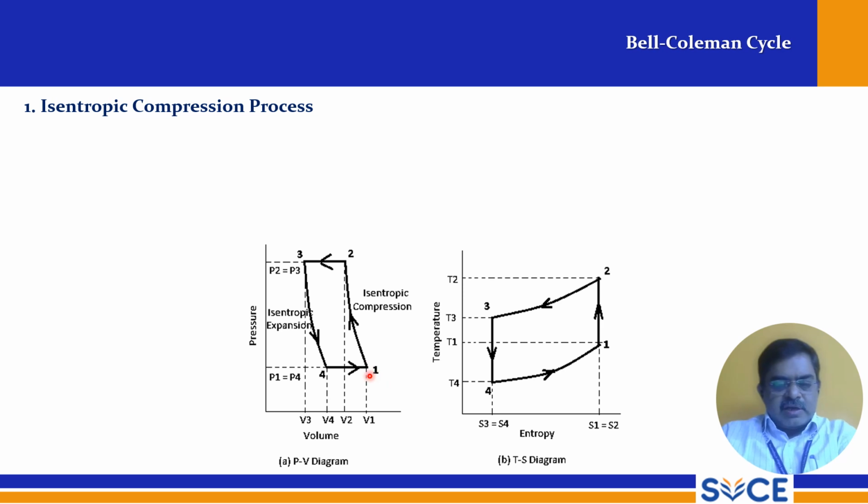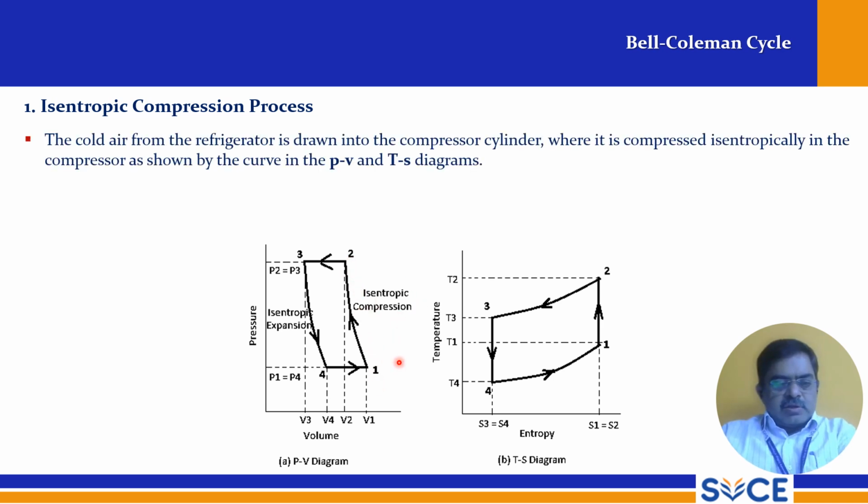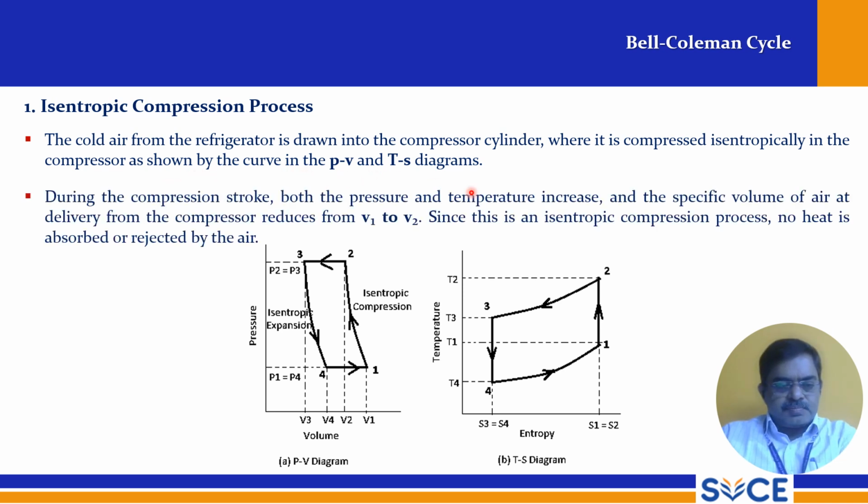As we have seen in the earlier cycle, reversed Carnot cycle, the 1 to 2 process is isentropic compression process. Then 2 to 3 is constant pressure, which is known as isobaric process. I will come to that. The cold air from the refrigerator is drawn into the compressor cylinder, where it is compressed isentropically, as shown by the curve in the PV and TS diagrams.